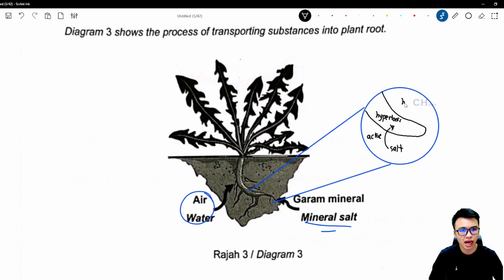The soil will be hypotonic compared to the cell sap in the root. When the soil is hypotonic, then the water can diffuse into the root through osmosis. So the water will move into the roots by osmosis. But at first, you need to pump in the mineral salt, which is through active transport.